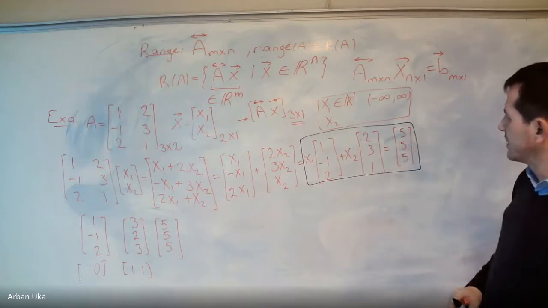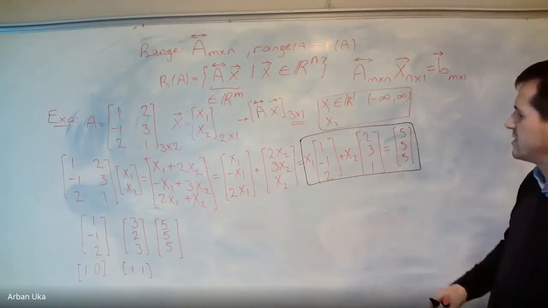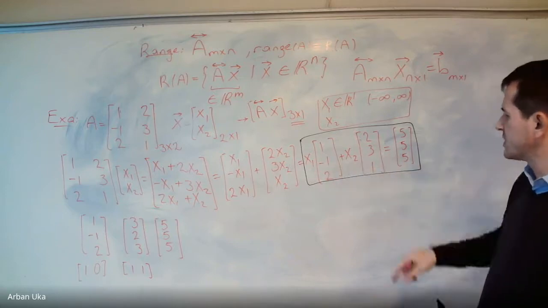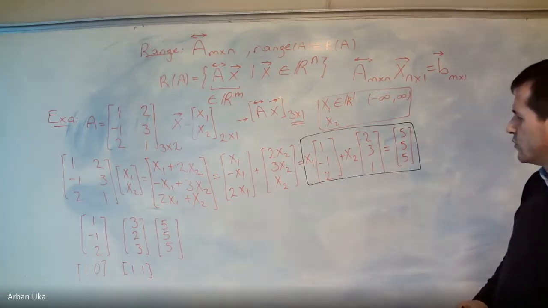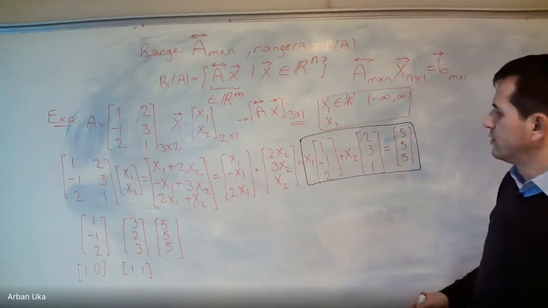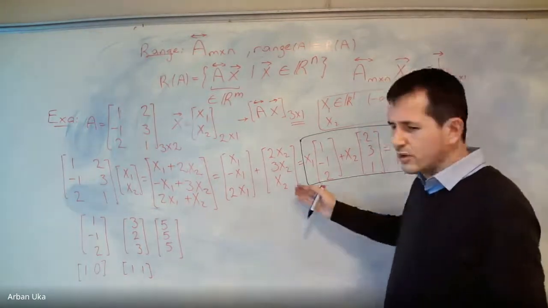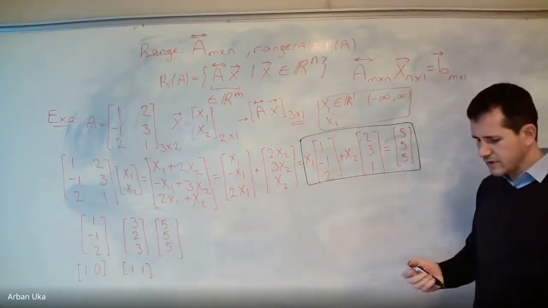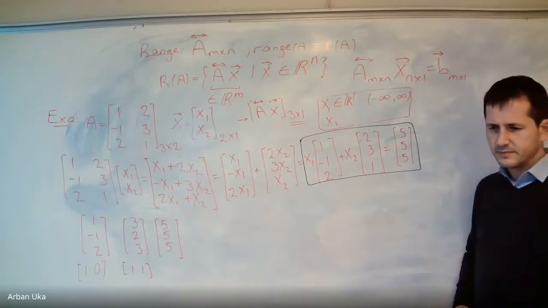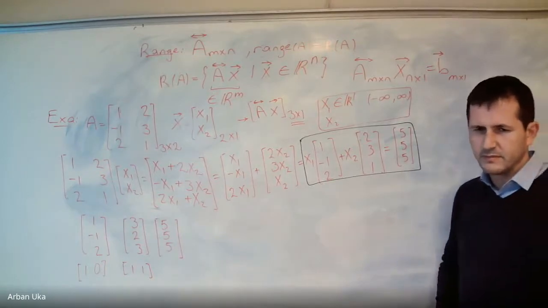Let's see if this 555 is in the range of A, which means, can we find x1 and x2 which satisfies this condition? How can we do that? How can we solve this one? What is the best approach to solve this? We do the Gaussian elimination.